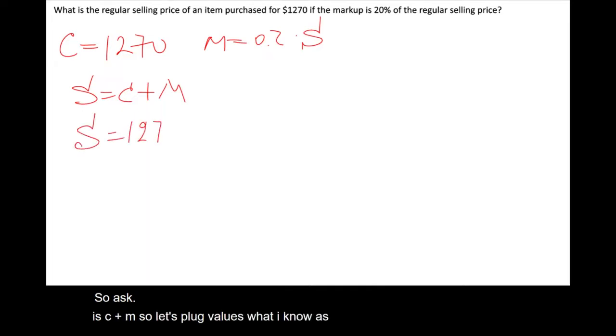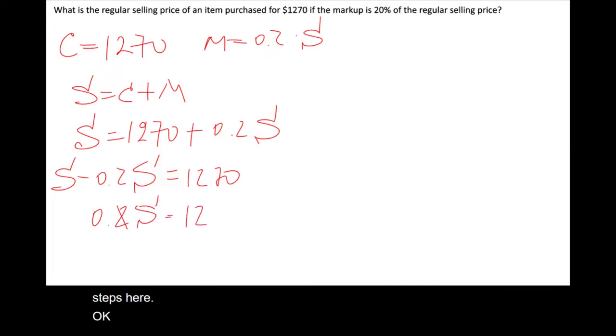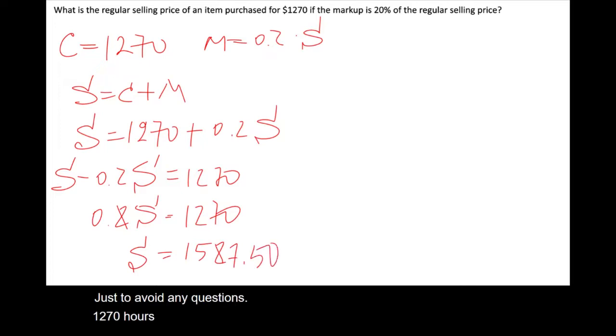S is 12.70 plus 0.2S. I will do steps here, just to avoid any questions. 12.70 over 0.8. That's the price. Please confirm my number.